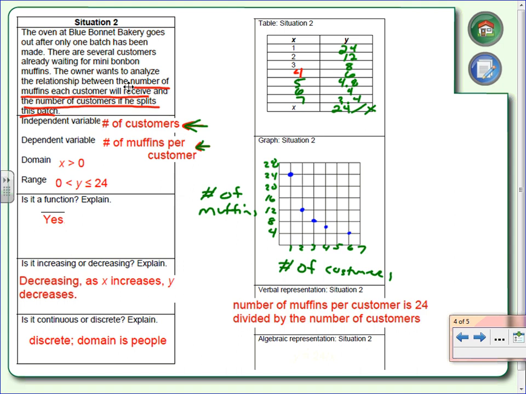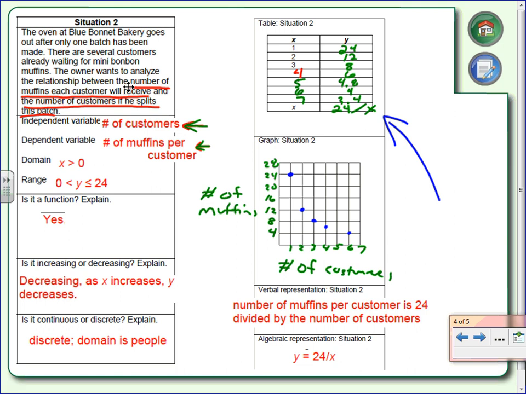Look, guys, look at what we have right there. y equals 24 divided by x. This is our rule. This is our pattern. So the way we came up with those y values is simply by taking 24 and dividing it by x, which those x's represented the number of customers. That's all that was.